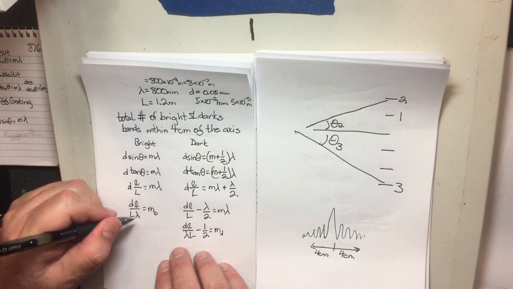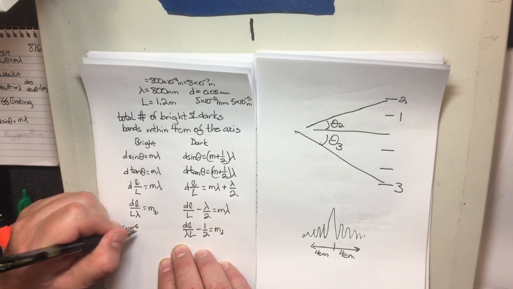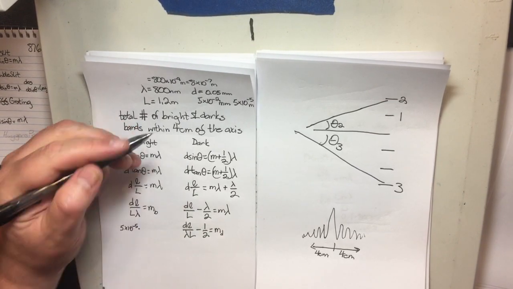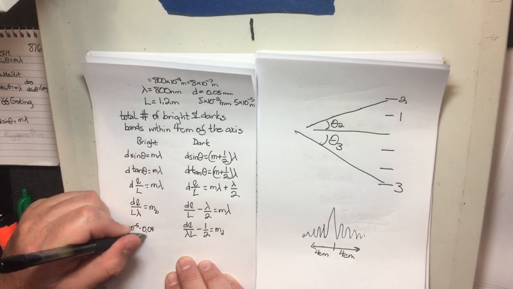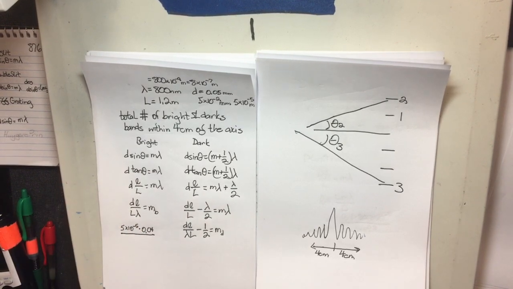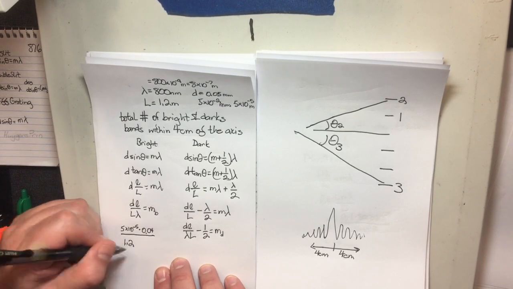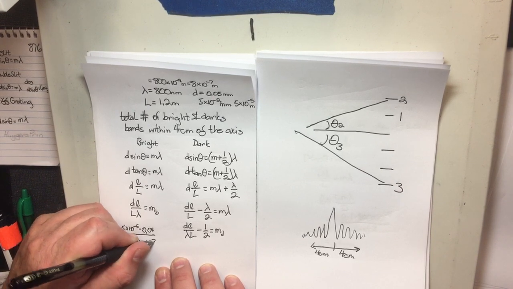Plug in the values. d is 5 times 10 to the negative 5. Little l, I'm looking for 4 centimeters off axis, 0.04. To find the m, all you need is the distance from the axis to the extreme. Do not use 0.08. Big L, 1.2. Lambda, 8 times 10 to the negative 7.